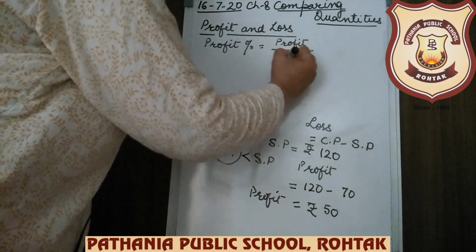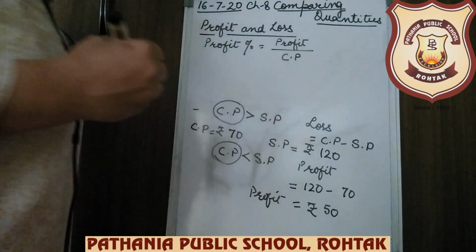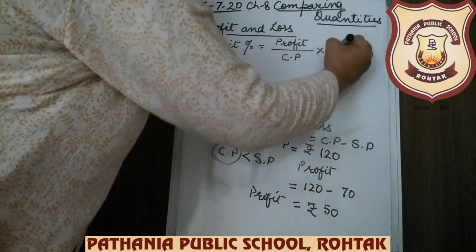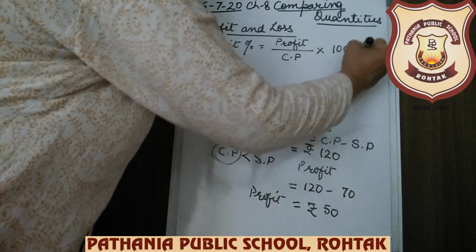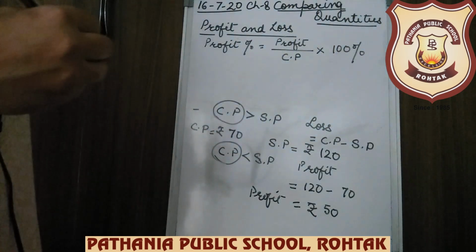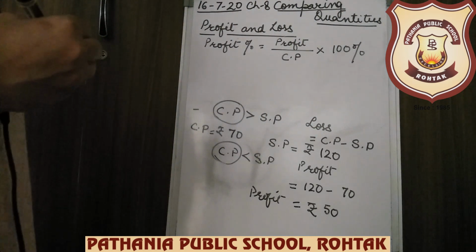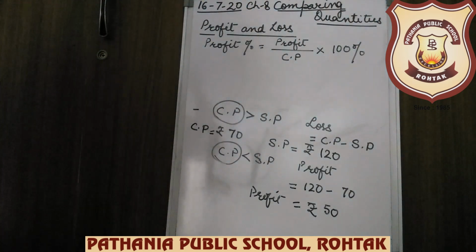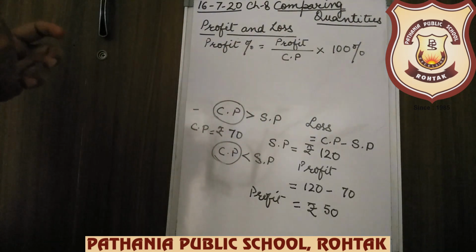So I am going to write CP in the denominator, and then multiply this simply with 100%. Is this clear? So this is your formula for the profit percent.